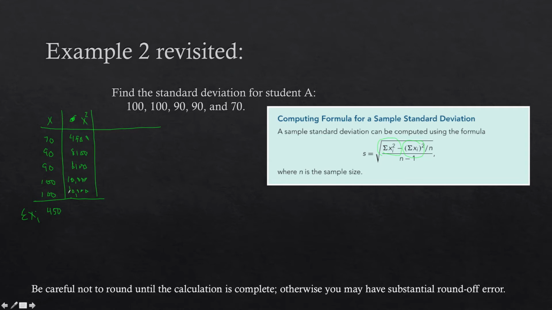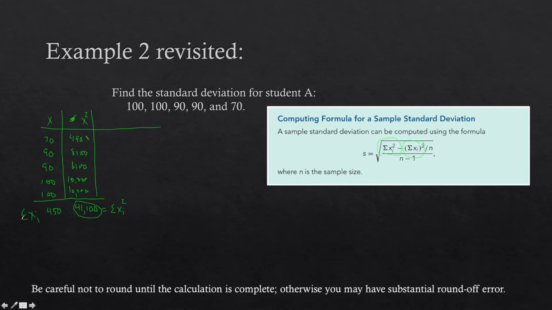Okay, so add all this up, plus 8,100, plus 8,100, and add up all those values in that column, and that gives you 41,100. Now, this right here is the sum of the x's squared.